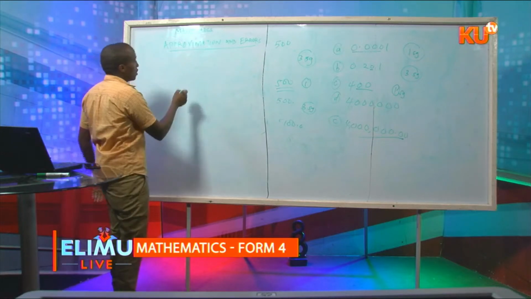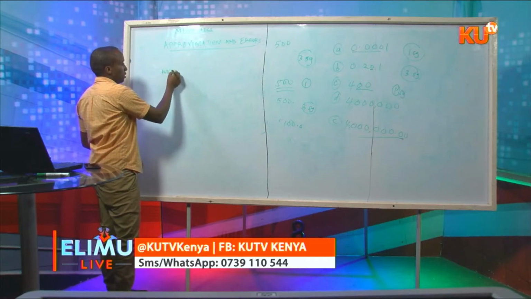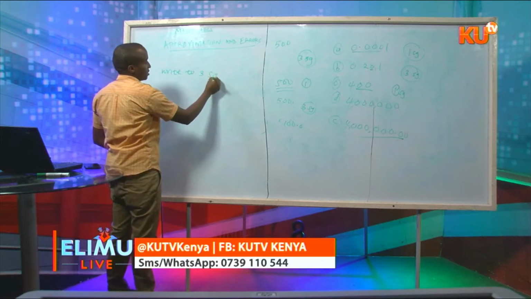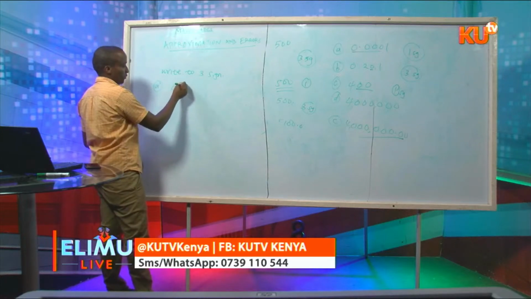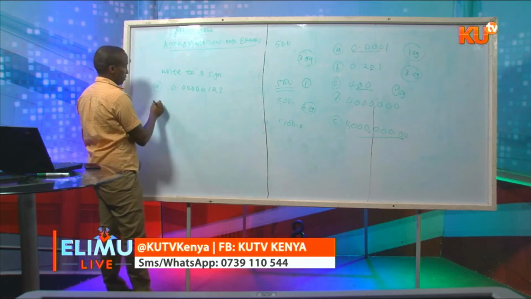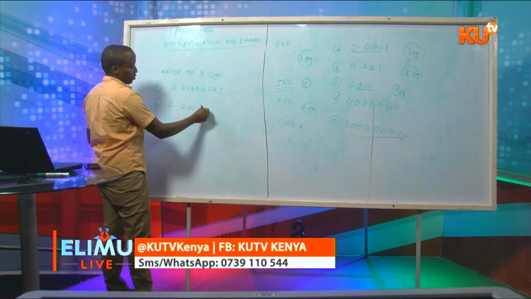So let us do the final concept here. 3 significant figures. So maybe the first one is 0. This is the final example I want to do, because I want you to understand this concept very well.